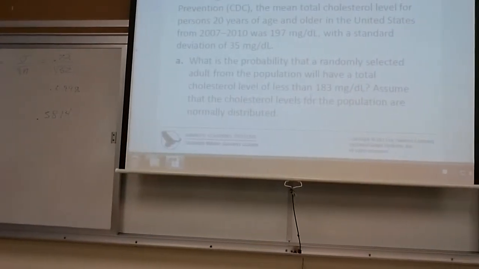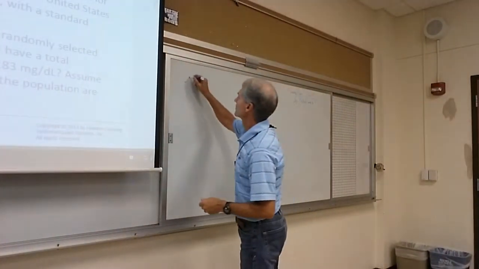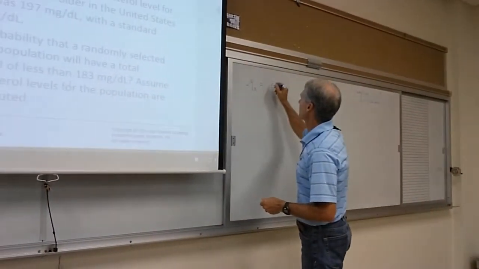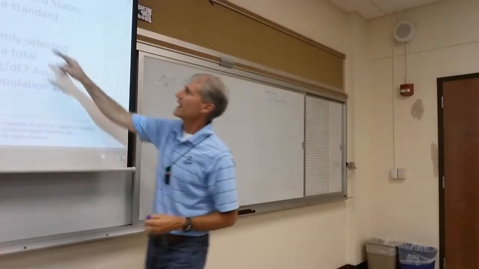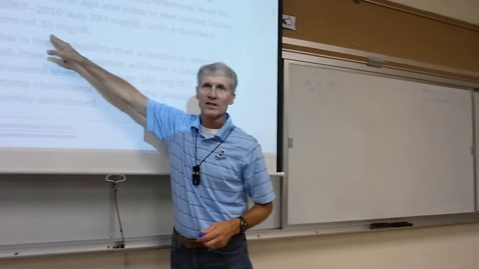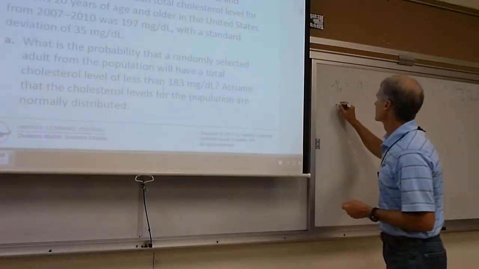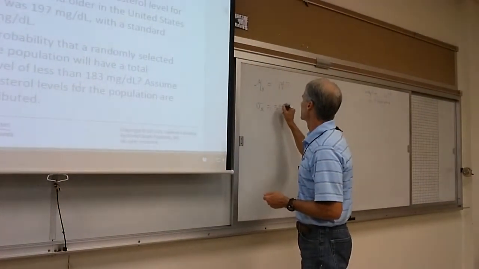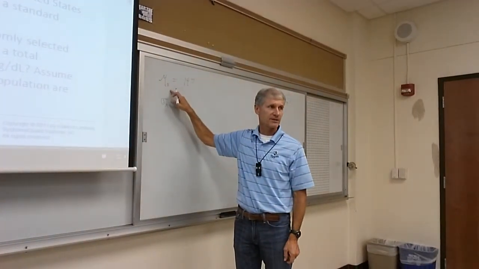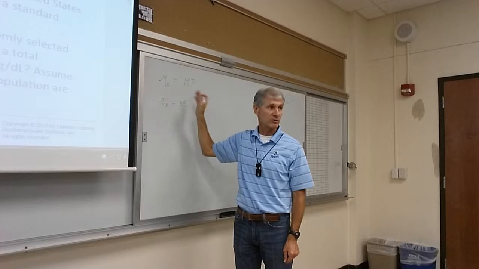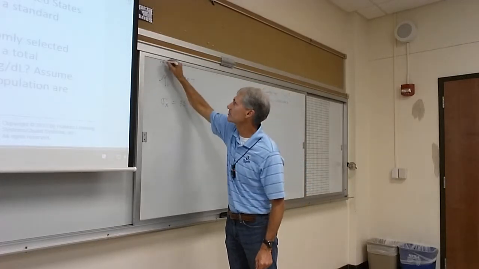So the mean of the population of cholesterols is 197. Right? That's what they're telling me. And the standard deviation is 35. So I write mu sub x, no bar on the x. No bar on the x means individuals. So this is population distribution.